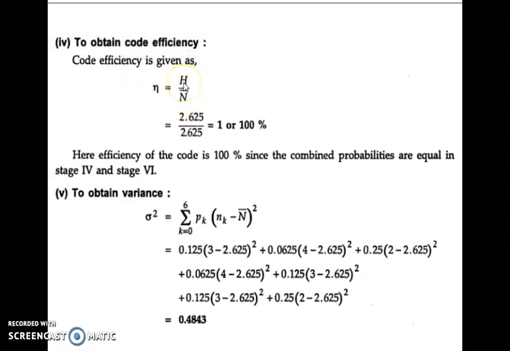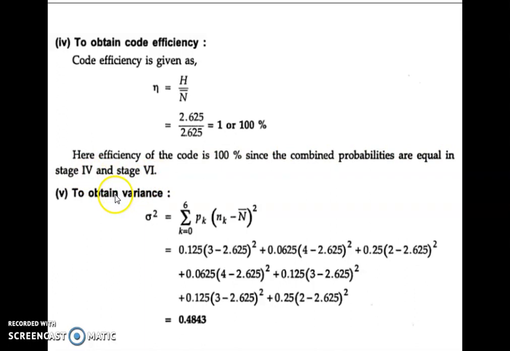The entropy comes to about 2.625, and the average code word length by formula is also obtained as 2.625. So the value is equal to 1, or the efficiency is 100%. Hence the efficiency of the code is 100%, since the combined probabilities are equal in stages 4 and 6.